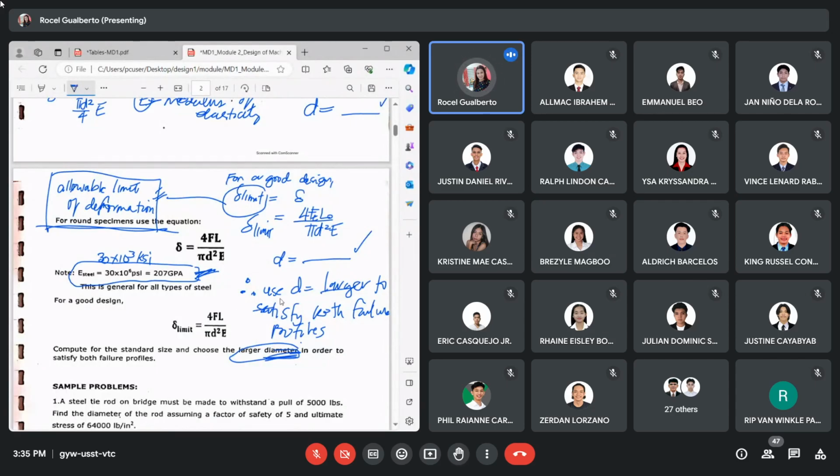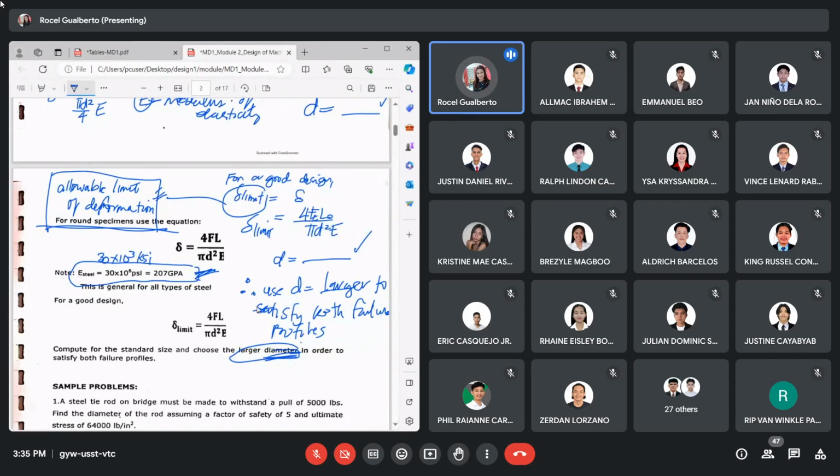You make use of the larger value to satisfy both failure profiles. So, yun po yung gagawin natin dito, para sa dimension of the machine member with an applied load na tension.